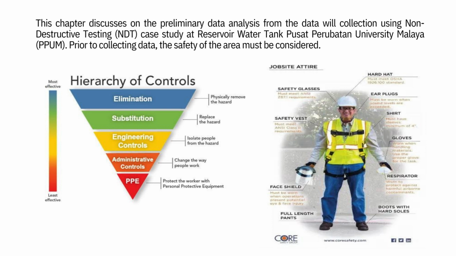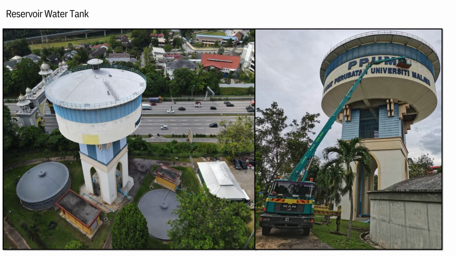Before we do the data collecting, we must consider the safety conditions on site, because this is high risk, as it is the highest building, the reservoir tower at 38.6 meters. So this is a view.